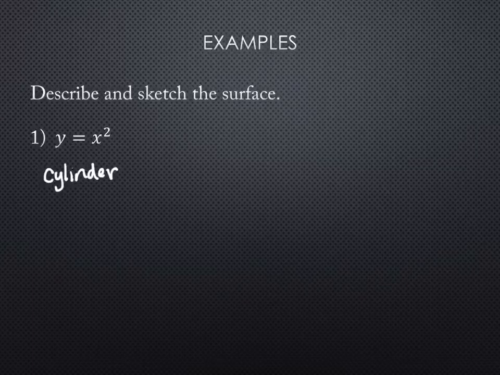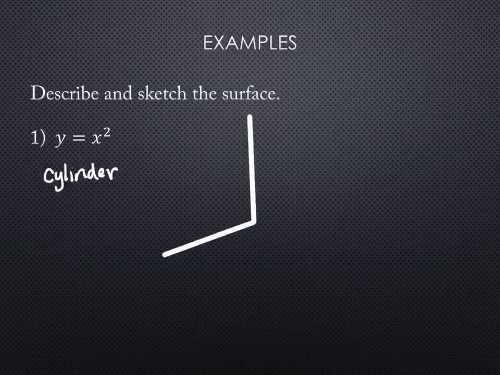And as we're drawing it, let me get my lines to be lighter color. The graph will look like a parabola if we were to only consider y equal x squared. You know what the graph of y equal x squared looks like in 2 dimensions. What's it look like? Yeah, like this, right? It's your basic parabola.